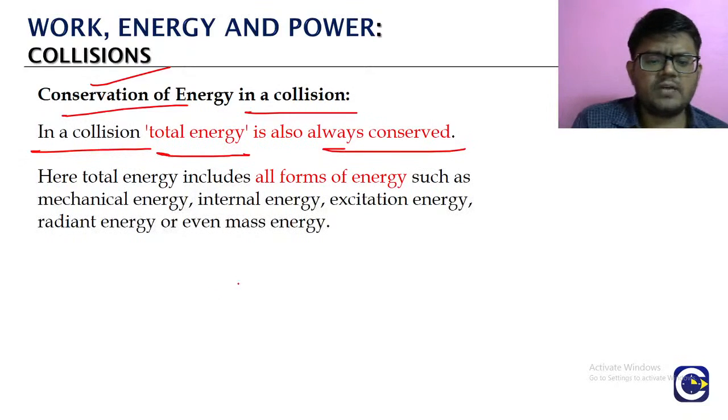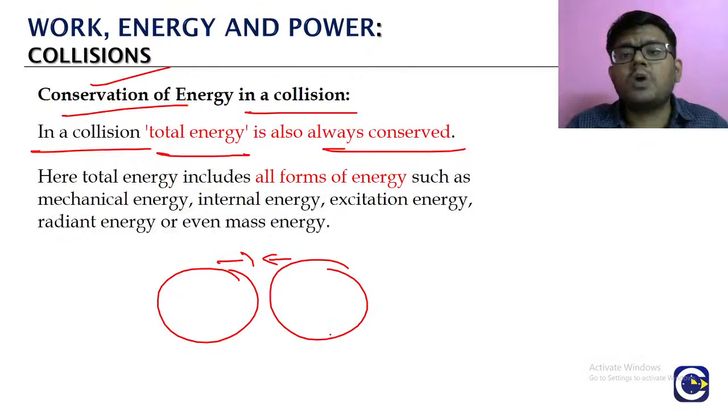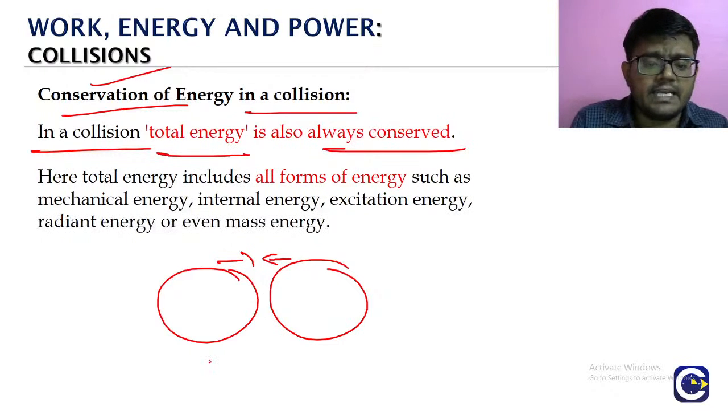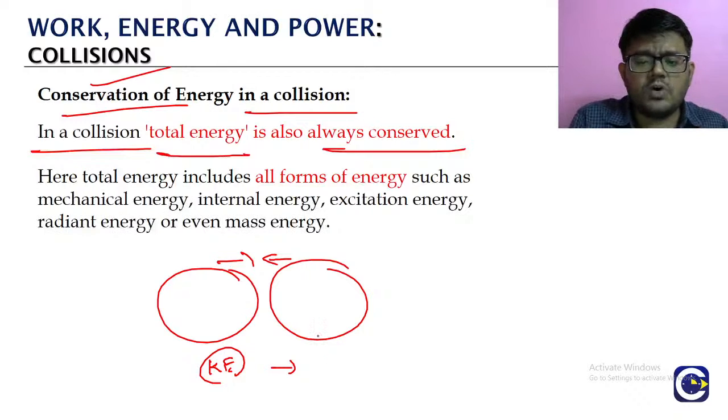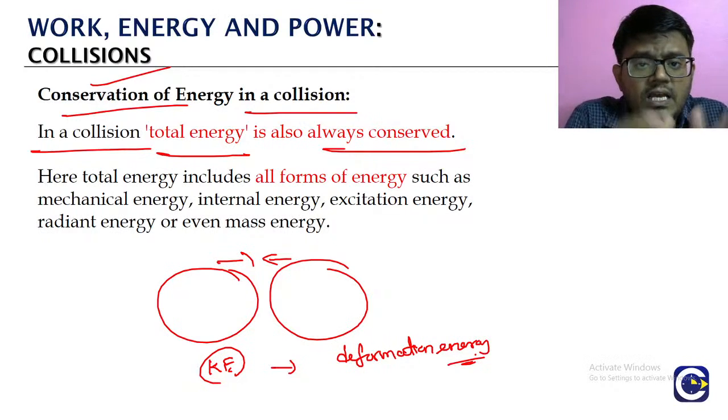Let's say for example there are two objects which are colliding. If there is a deformation, it means some amount of the kinetic energy of these objects is going into deformation. We can think of it like a deformation energy, the energy that is going into creating the deformation. That can also be looked at as an elastic energy.